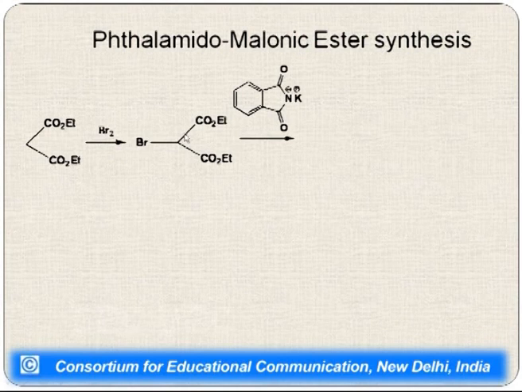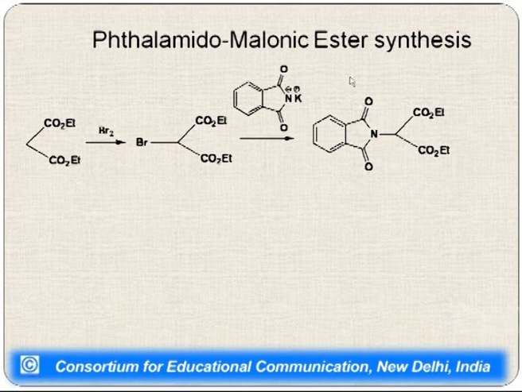So, N minus attacks here, bromine goes out, and we get the phthalimide attached to the malonic ester at the second carbon. So, there is one hydrogen there, and there are two hydrogens here. Now, we have substituted the diethyl malonate with a nitrogen-containing molecule, and now we can go for the usual malonic ester synthesis, and that is by taking a base.